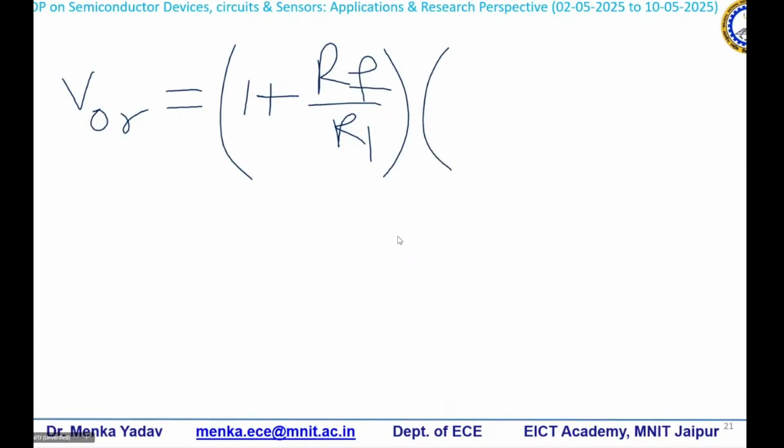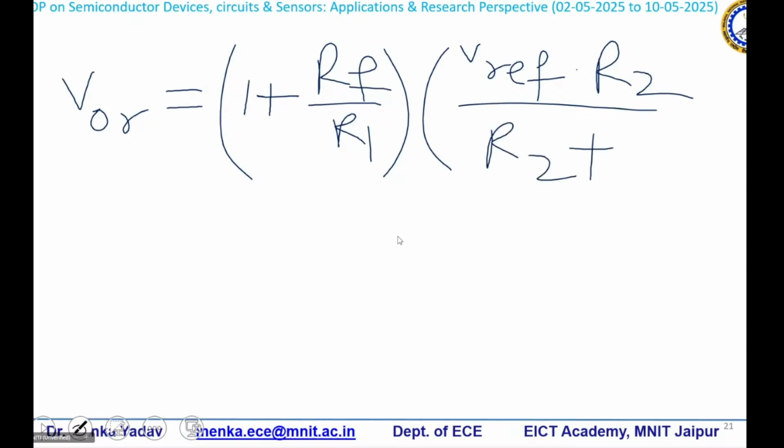And what was this actual value? It was V reference into R2 upon R2 plus R4. Yes, so this is the VOR value.